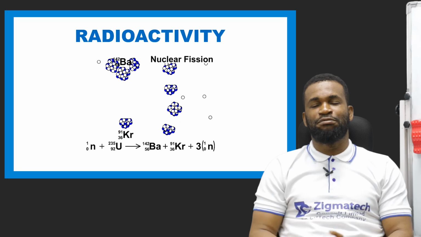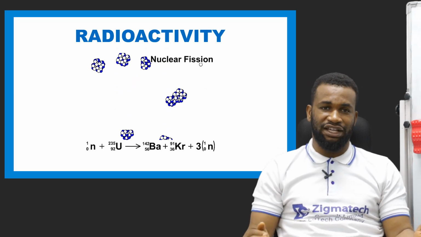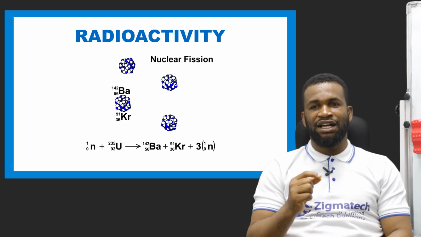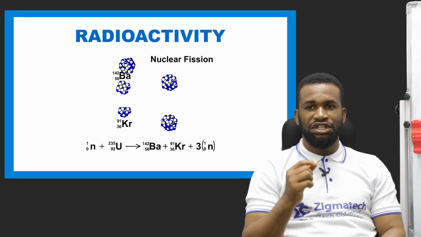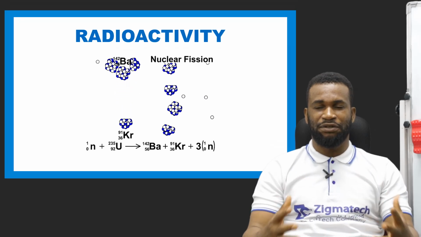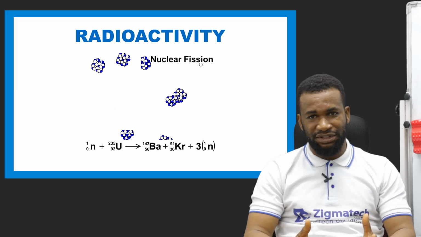Now look at this. I brought this to show you, even though I'm going to use this to do other explanations, where a particular particle hits another particle and they break in different places. So this is what we mean by radioactivity.